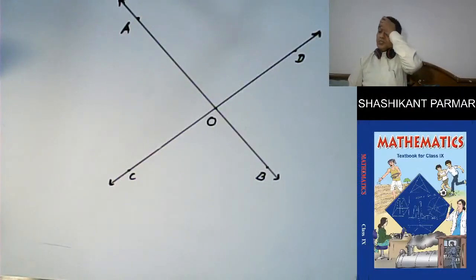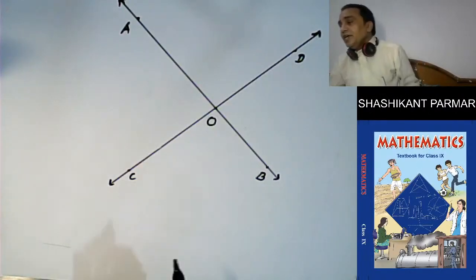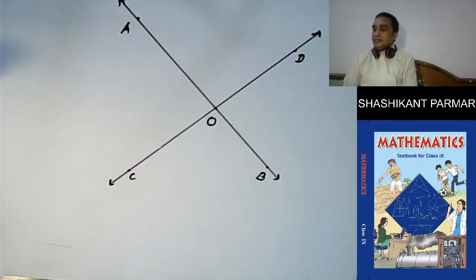Now see here, two lines AB and CD intersect each other at a point O.